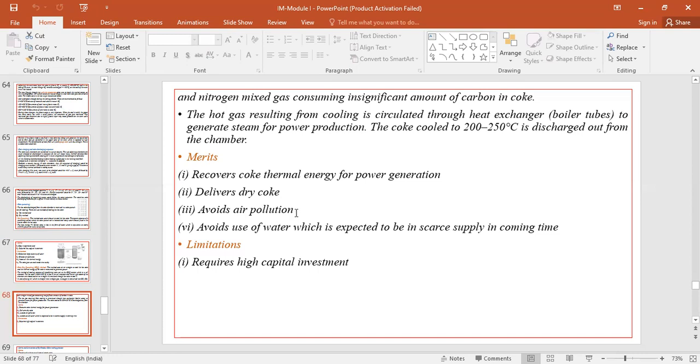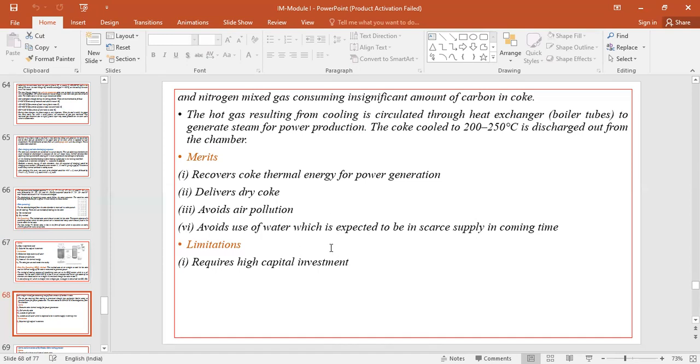We are not using water, we are using cooling air or nitrogen as the media, so by this method we can avoid the maximum amount of emissions. And since we are not using water as a media, we can save some amount of water.